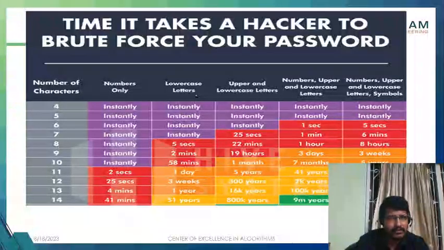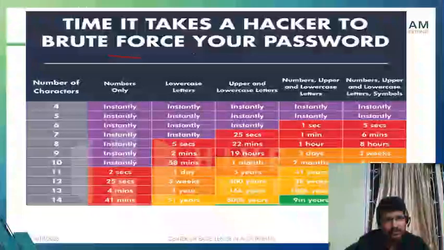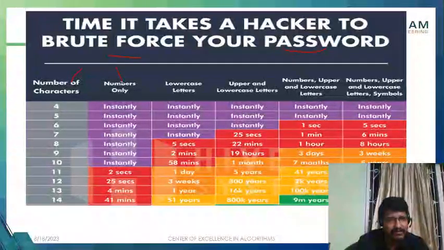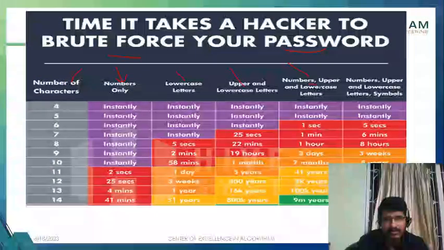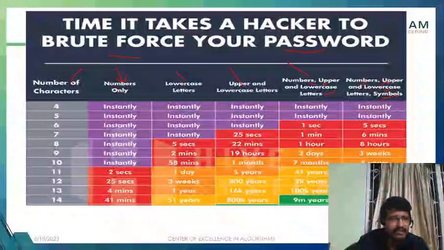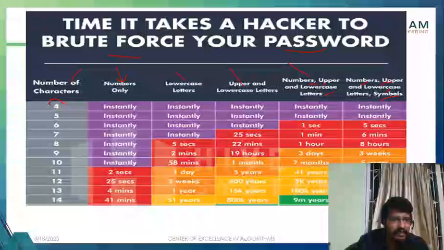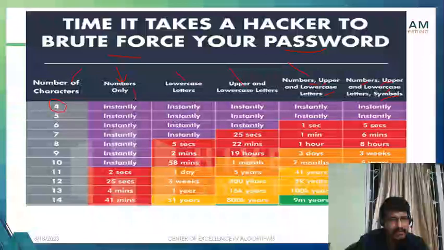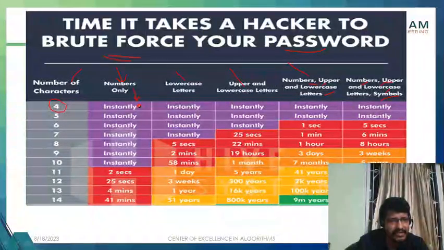Think about a hacker who is applying a brute force approach to hack a password. Maybe here it is the number of characters, where the password contains only numbers, only lowercase, uppercase and lowercase. You have the combination of number, upper, lower, and symbols. Now think about if my number of characters is just 4 and everything is in number format, I can crack it using a brute force approach very easily.